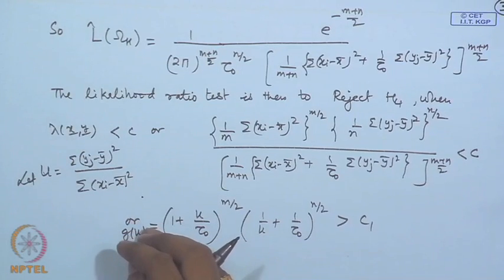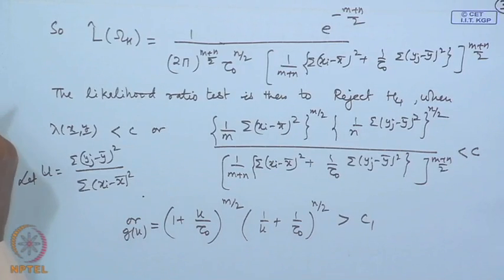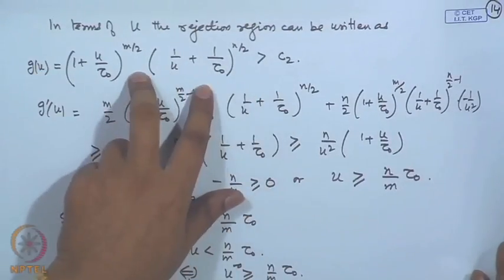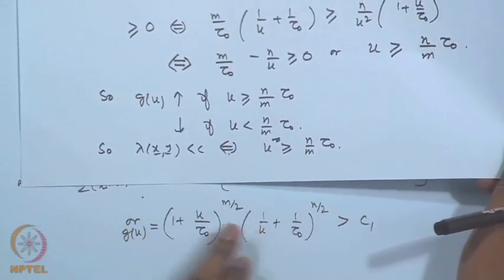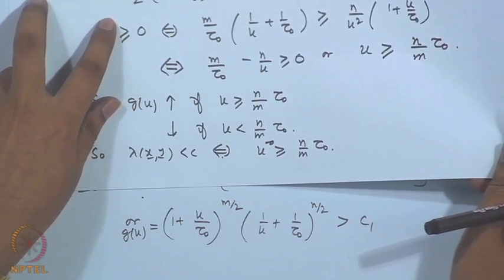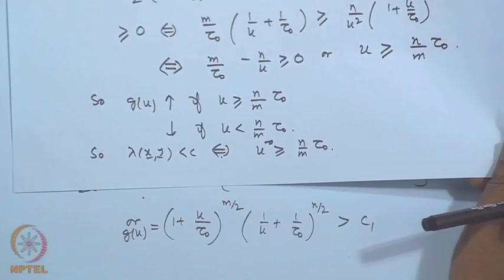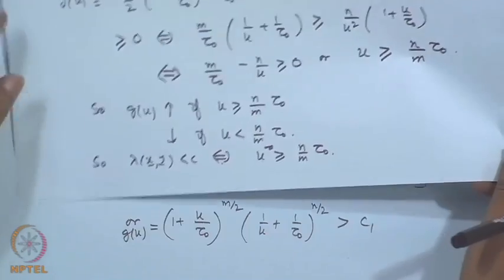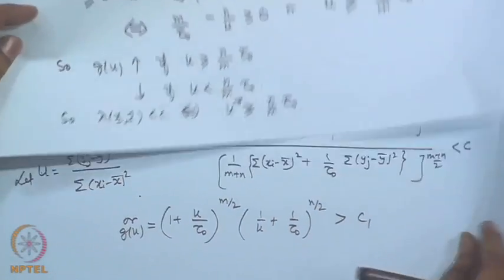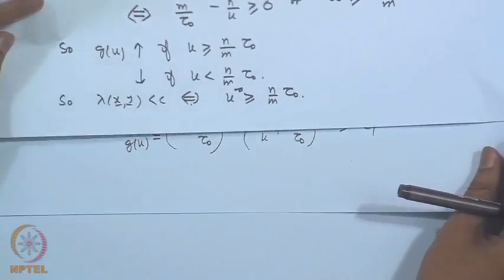Now, this function I considered in yesterday's derivation of the test function. I will show the behavior of it here. I had assumed this term to be G(u). Now, this term is the same as this term here, and G prime of u we had calculated. So, I straightforwardly take the same expression.